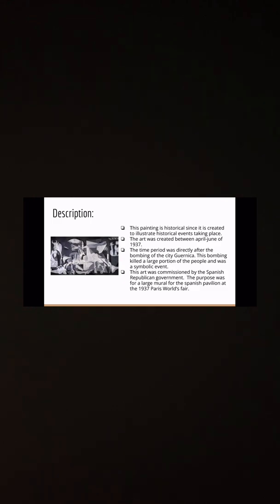This bombing killed a large portion of the people and was a symbolic event that angered the Spanish population. This art was commissioned by the Spanish Republic government. The purpose was for a large mural for the Spanish pavilion at the 1937 Paris World's Fair.